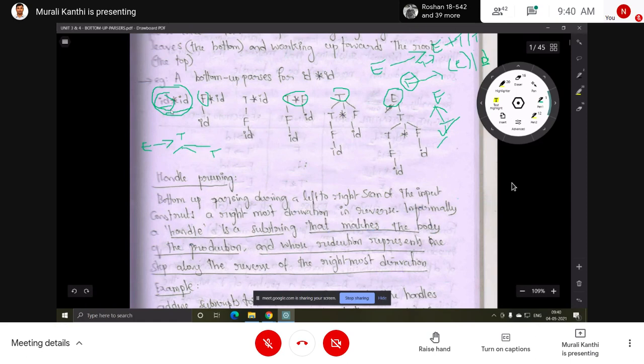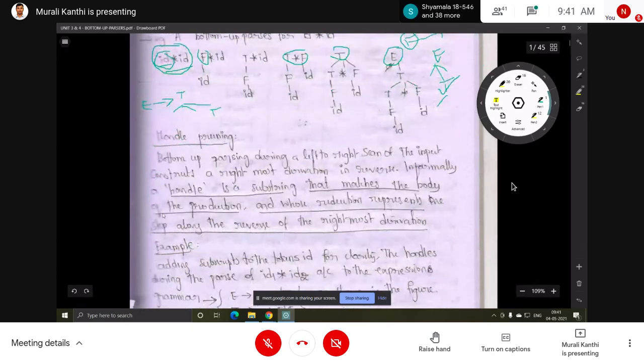Now id can be reduced by F. This is nothing but pruning, and pruning is nothing but reducing. So handle pruning means first we find the handle, and that can be reduced by a production, that is nothing but handle pruning.